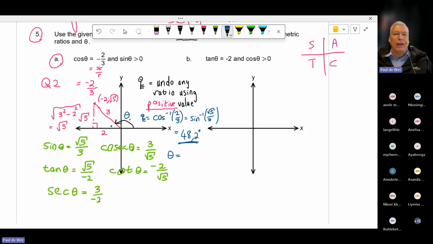Everything's connected. Angles on a straight line add up to 180. So 180 minus 48,2, and I get theta. My final answer for theta is 131,8 degrees.